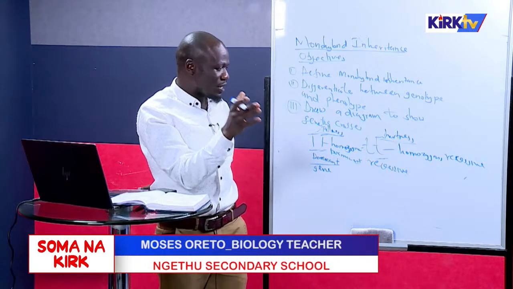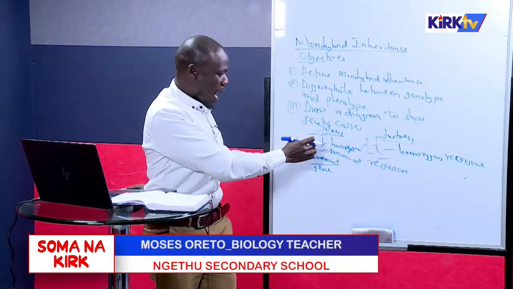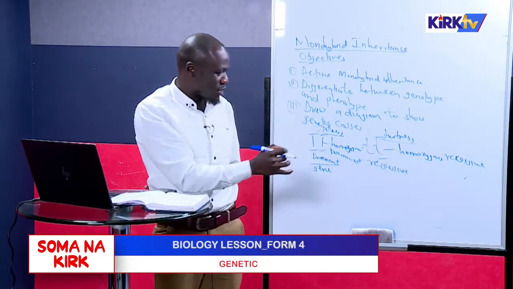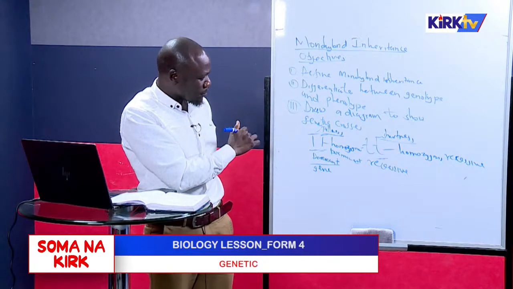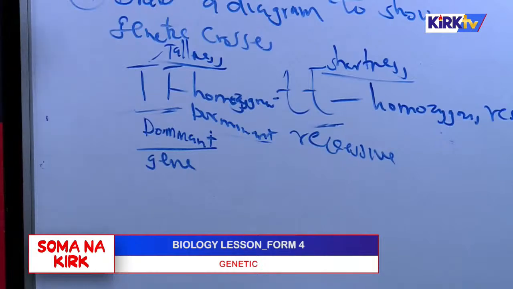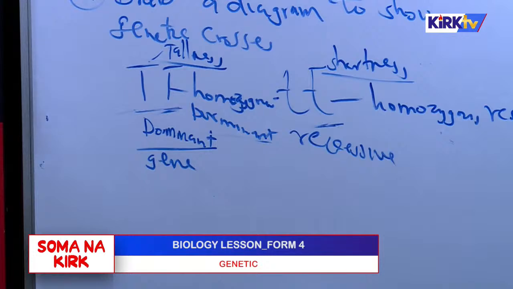A recessive gene is a type of gene that is suppressed by a dominant gene. Look here: I've represented a pure dominant gene, while here I've represented a pure recessive gene.